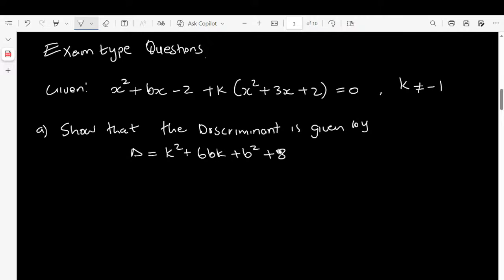So they just want you to find the discriminant, but your answer should be k squared plus 6bk plus b squared plus 8.